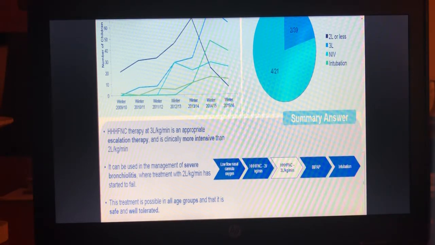It is also possible in all age groups, and we think it's safe and reasonably well tolerated, and that's how we've been using it in our unit as a result of this analysis.